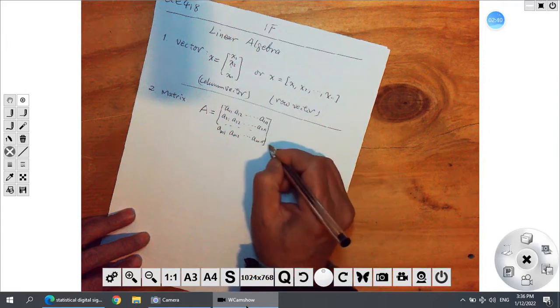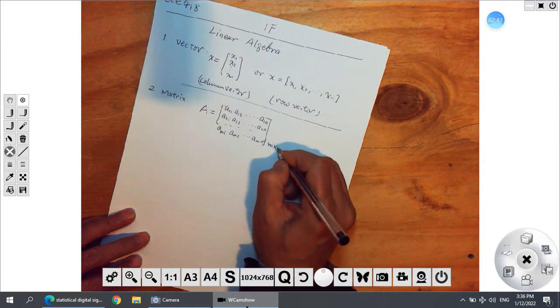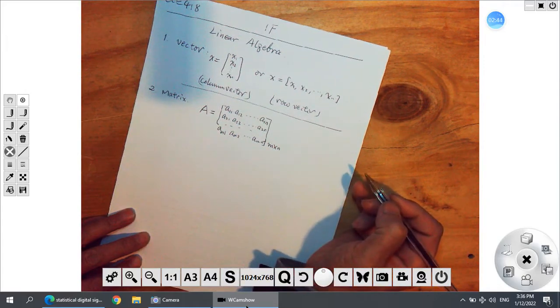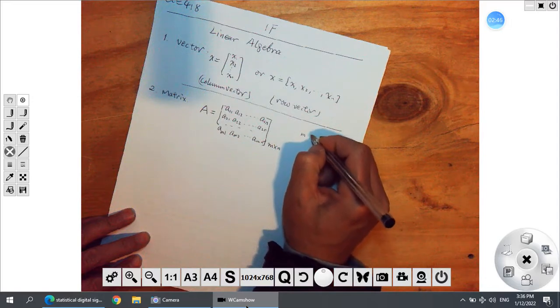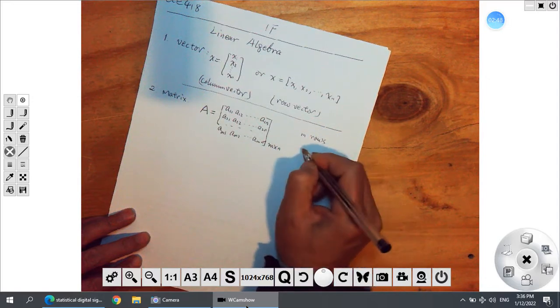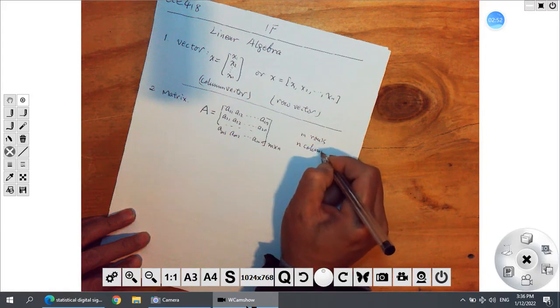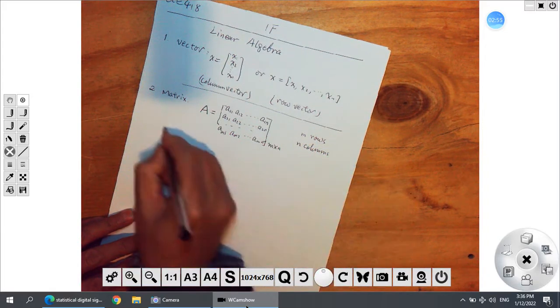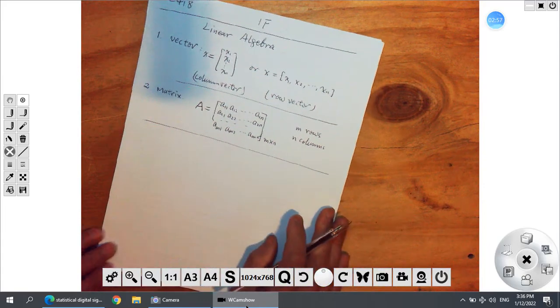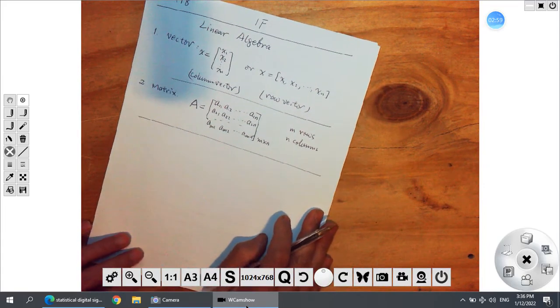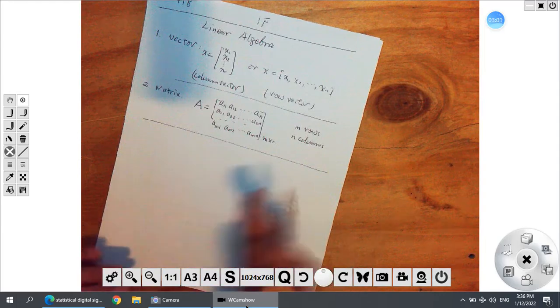So this is an M by N matrix. It has M rows and N columns. So the definition is just like this. It's quite simple, right? Then we consider some operations on them.